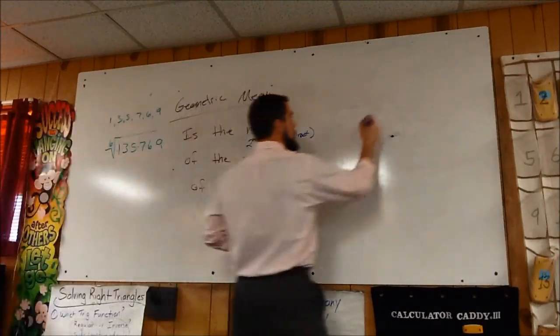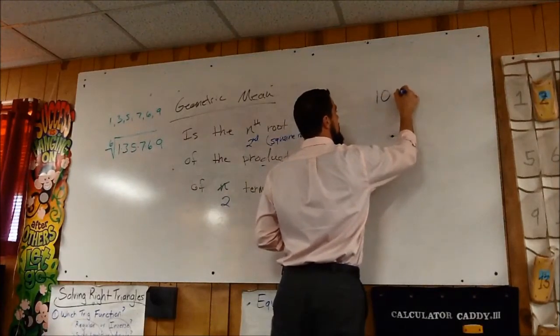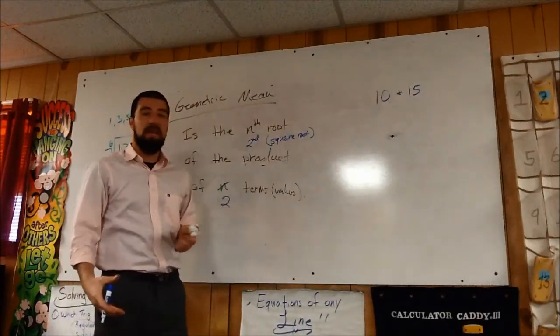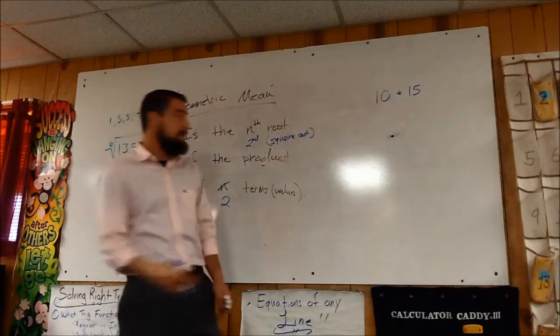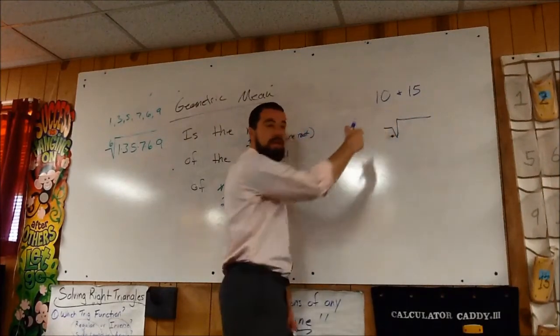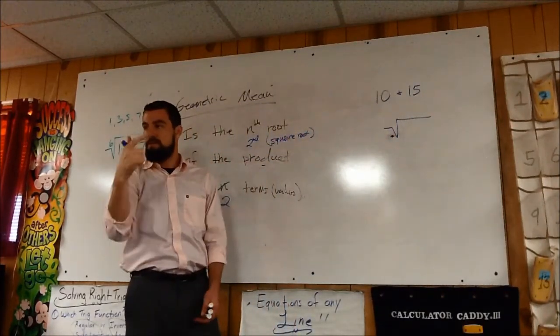So if I have these 2 values, 10 and 15, and I want to know the geometric mean of 10 and 15, that means I'm going to take the square root. I don't need a value here, because if there is no value, I know that's just the square root.